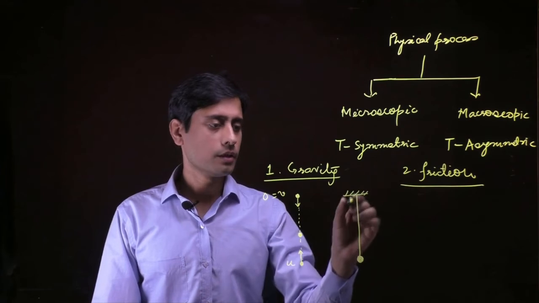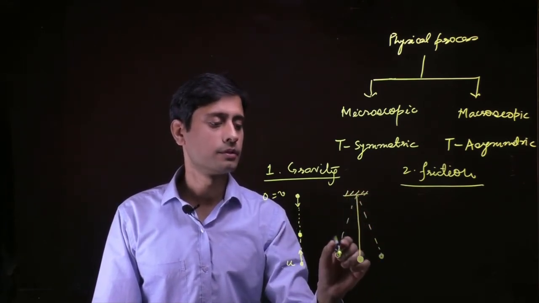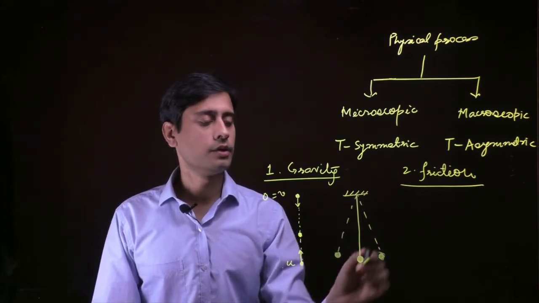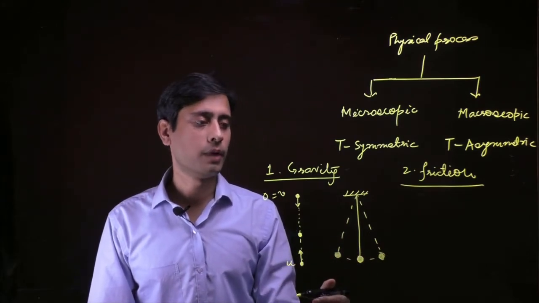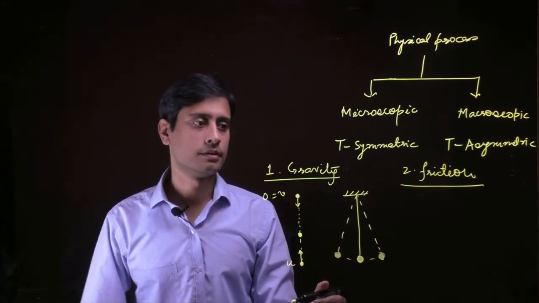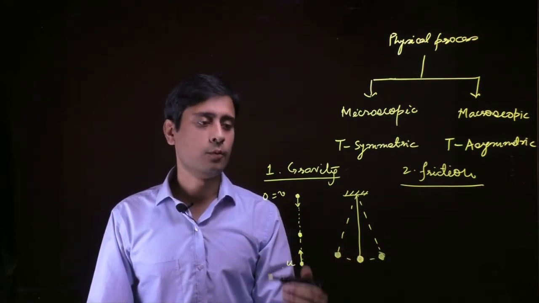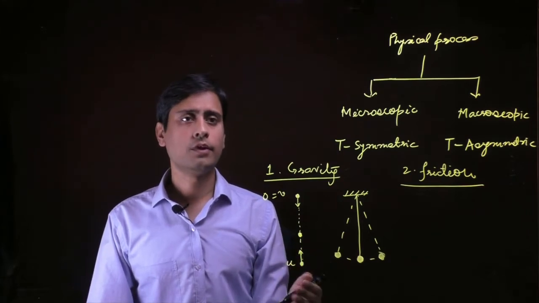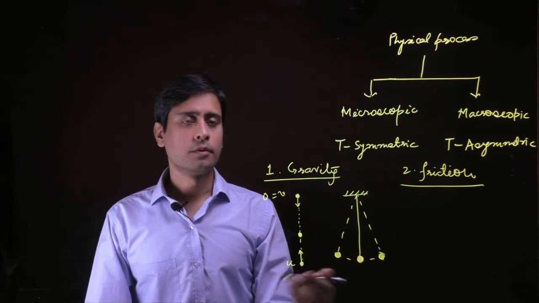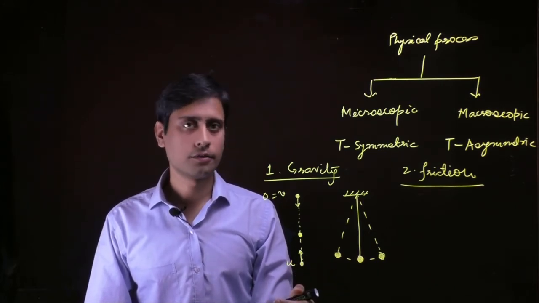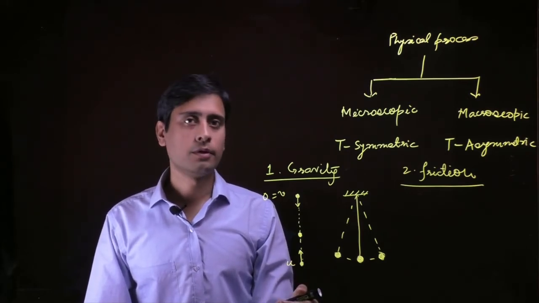Now the pendulum is oscillating from the mean to the extreme position, and if you again make a video of this, you will find that whether you play it in forward direction or backward direction, there is no difference. Both will seem to be real in our world. So these two processes are time symmetric. After you have played the video for some time, you will not be able to differentiate whether you are playing it in forward or backward. You can ask your friend to play the video in forward or backward and then ask you, and you will not be able to say.